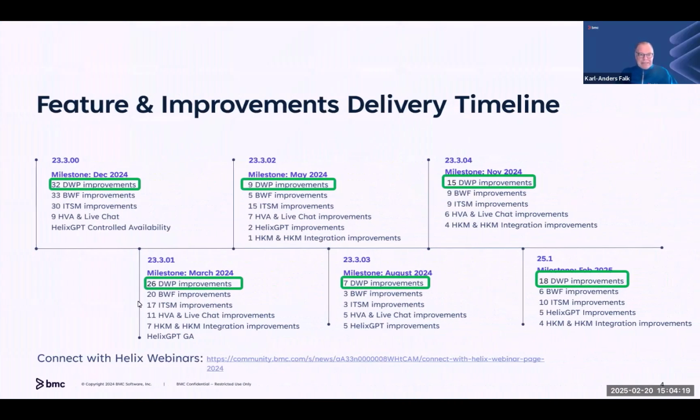Since 23.3, I think most of you are on 23.3 now, one of the patch releases. If you summarize here, it's around 100 features. And with this one, we are above 100 features since these releases. It's quite amazing.